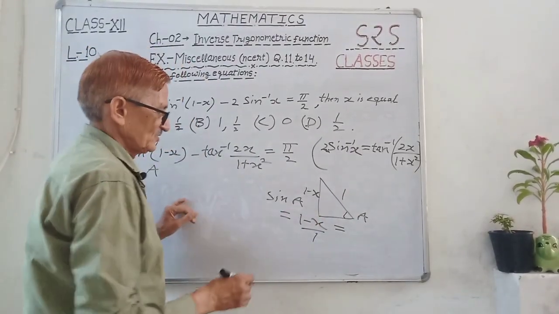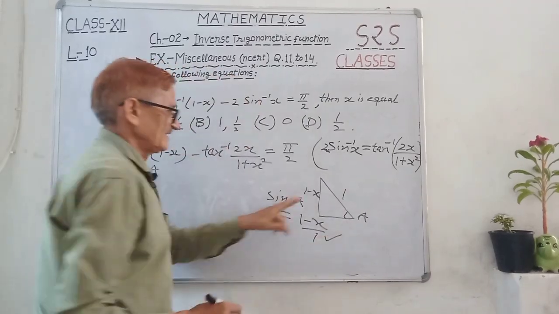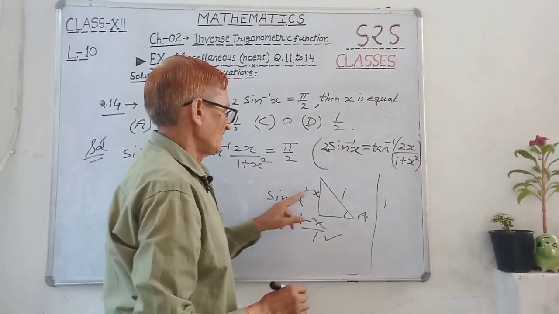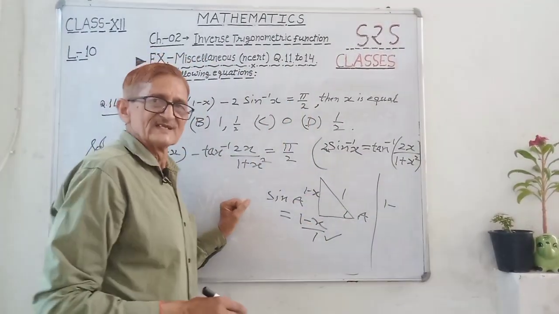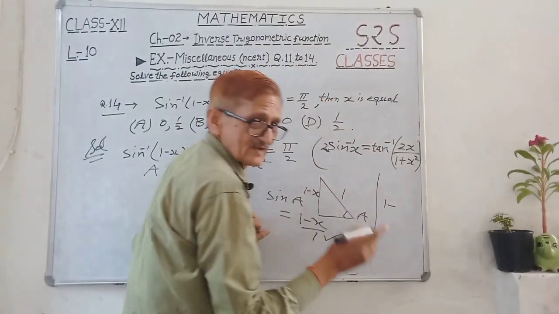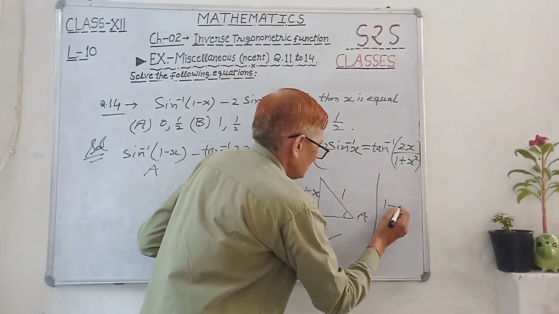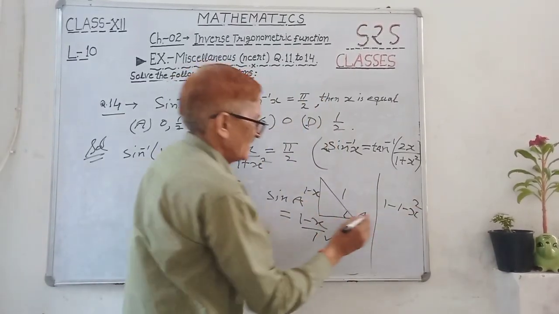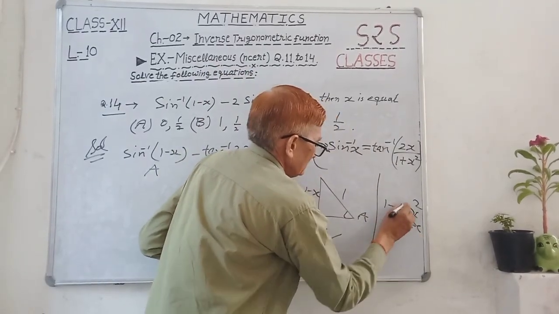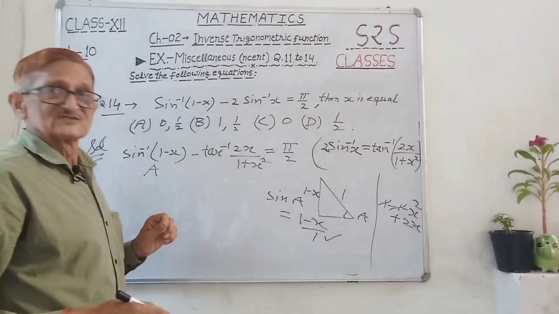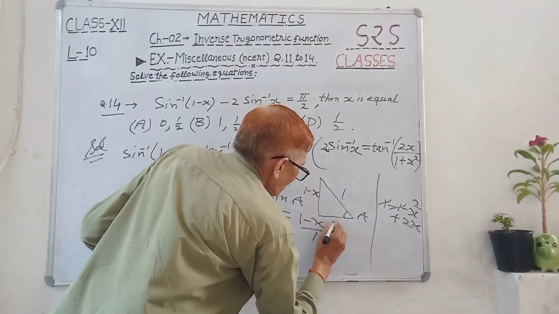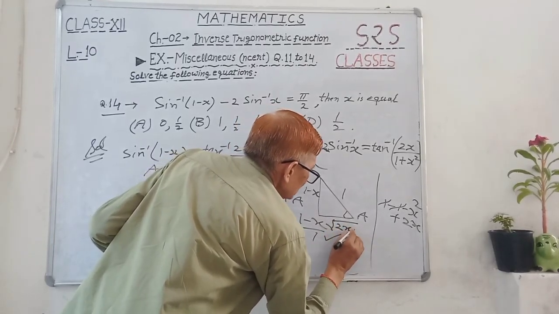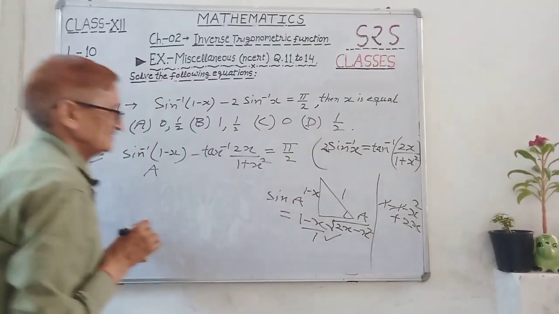By Pythagoras theorem, the third side is 1 square minus (1 minus x) whole square, so 1 minus 1 cancels, leaving 2x minus x square, so the base is square root of (2x minus x square).